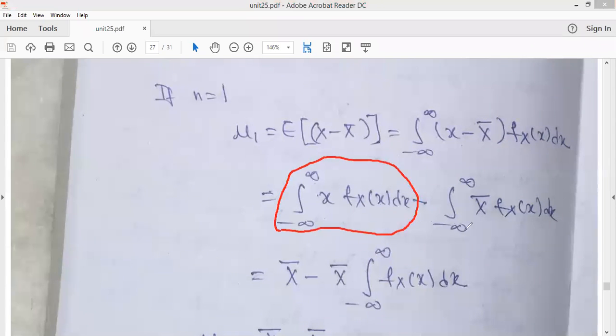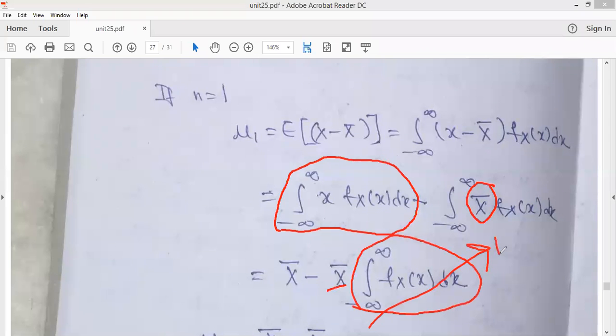Now in the second integral, x bar is the mean value, and the mean value is always a constant. So we write x bar outside the integral, leaving the integral from minus infinity to plus infinity of f_X of x dx. We know this value is equal to 1, because the total area under the probability density function is 1.